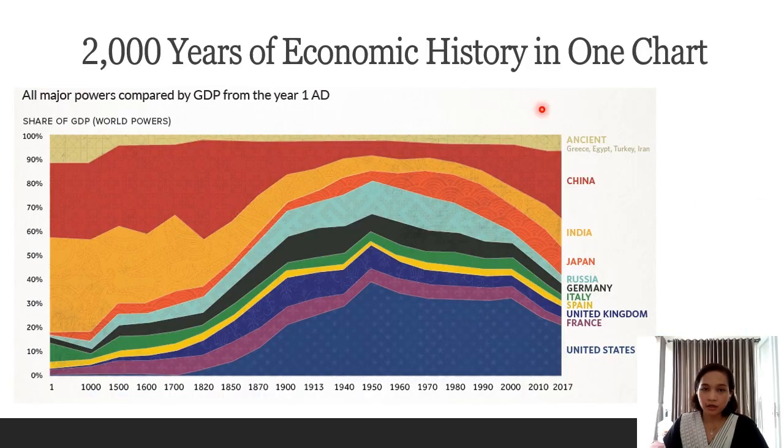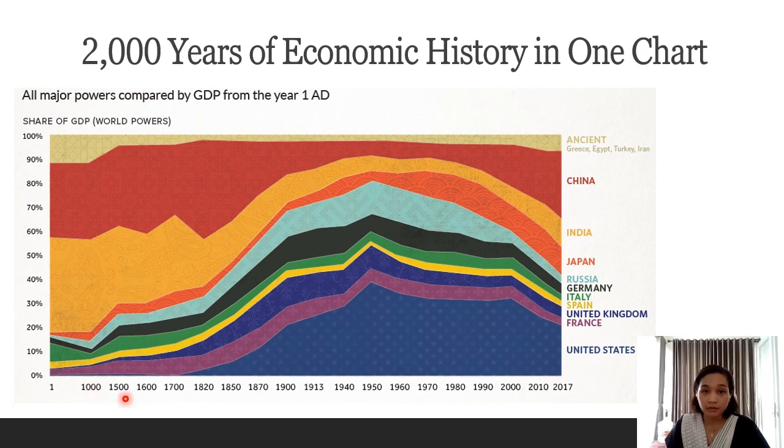In the beginning of the course, we were given this quite famous chart about 2000 years of economic history in one chart. In short, this chart is divided into 5 parts. If we start from the early economics, from the year 0 until 1500 AD, it is the part of agrarian societies, barter systems, and the emergence of early trade routes such as the Silk Road.